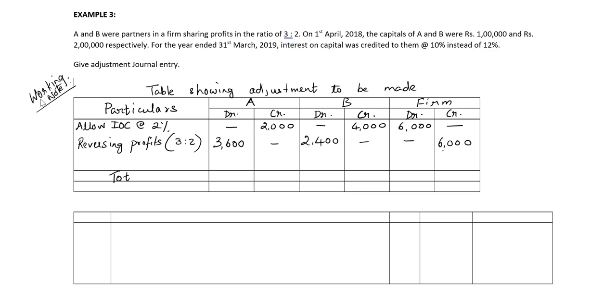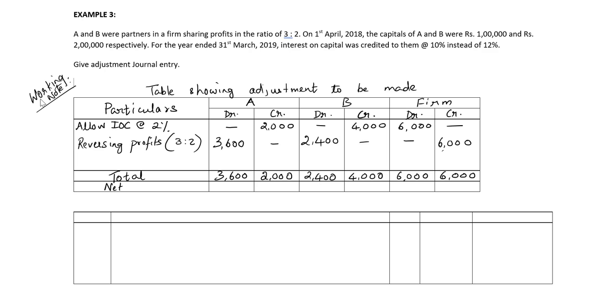I will next total up these columns. A debit is 3600, A credit 2000, B debit 2400, B credit 4000, firm debit column 6000 and credit column also 6000.